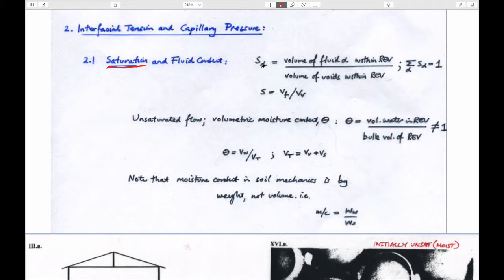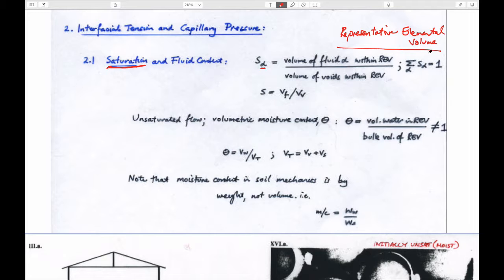So by definition, saturation refers to the volume of fluid relative to the volume of voids. We can talk about the saturation of a particular phase, air or water saturation or NAPL saturation, in which case it's the volume of that particular fluid relative to all of the voids within the representative elemental volume. Not a word you really need to know, but one that's quite used in groundwater hydrology.